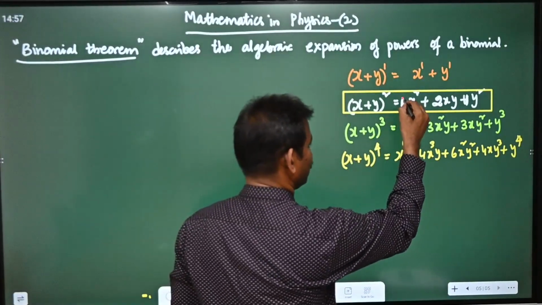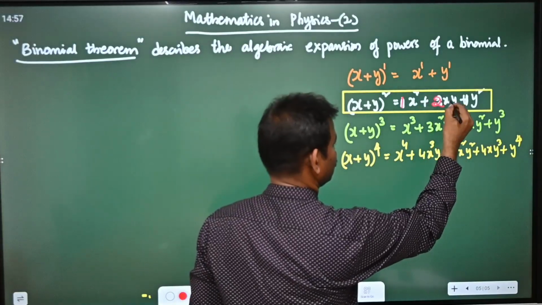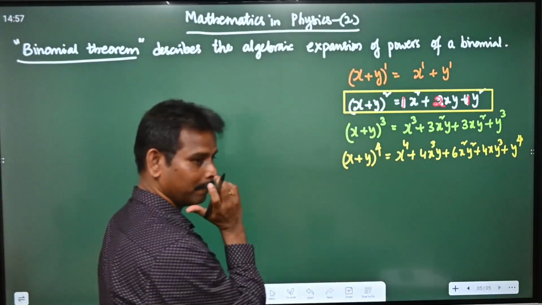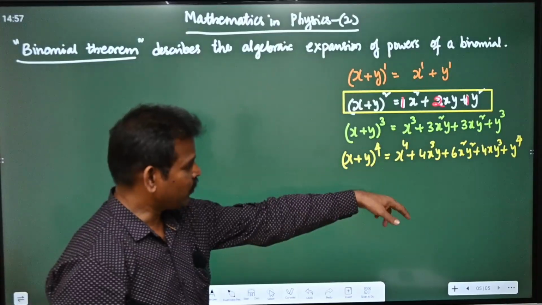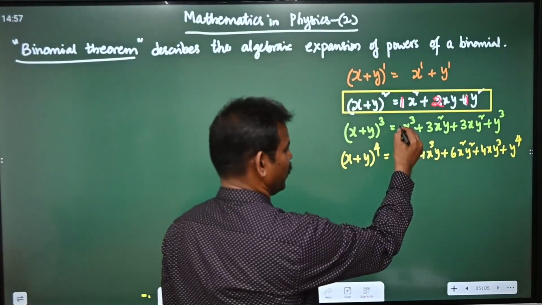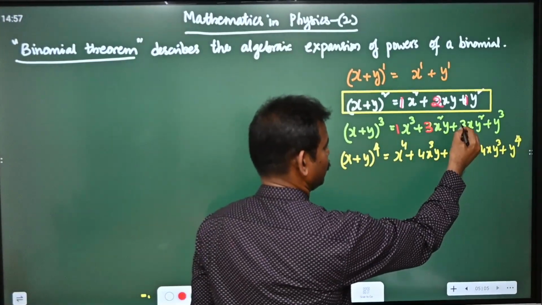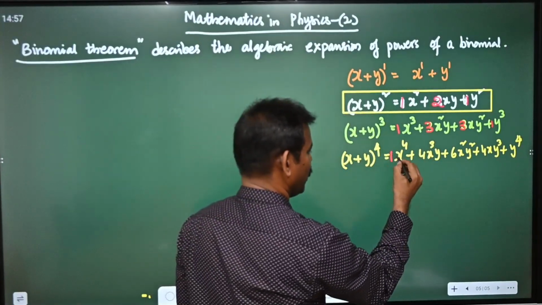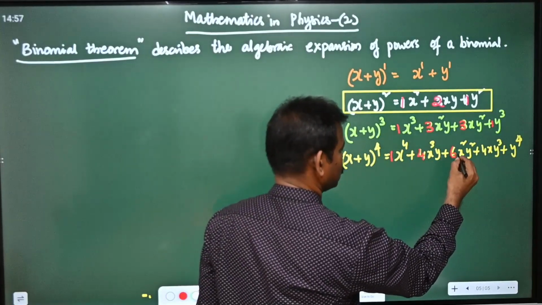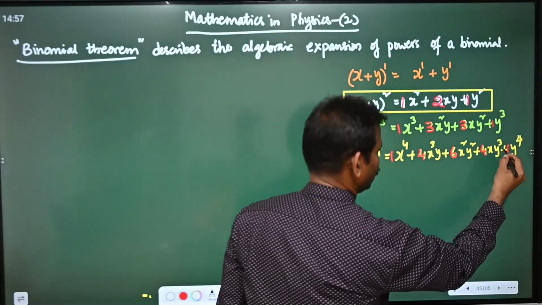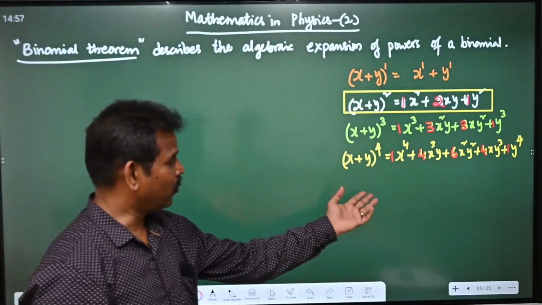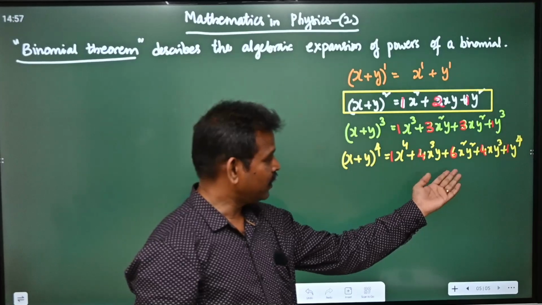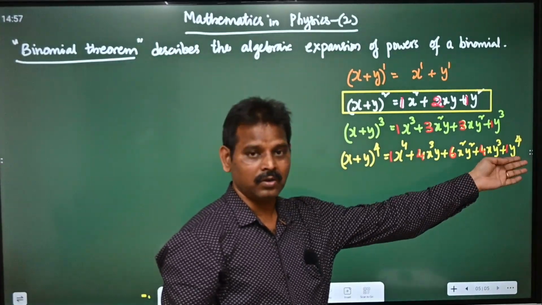These coefficients are very, very important: 1, 2, 1. For the next one, 1, 3, 3, 1. For the next, 1, 4, 6, 4, 1. Next, 1, 5, 10, 10, 5, and 1.